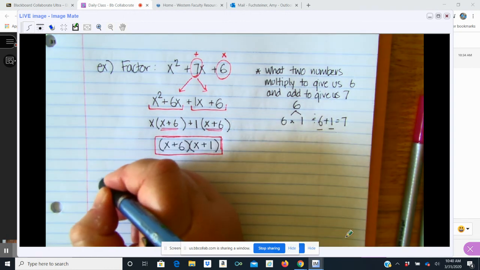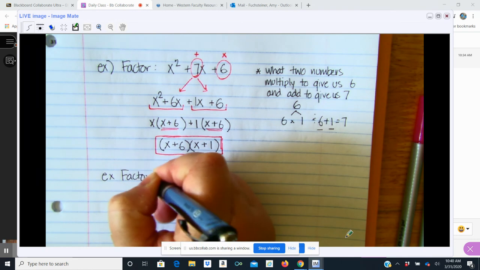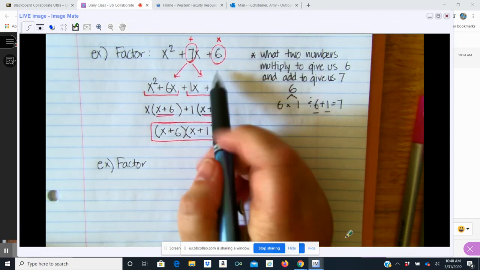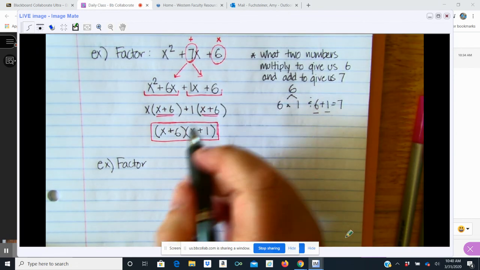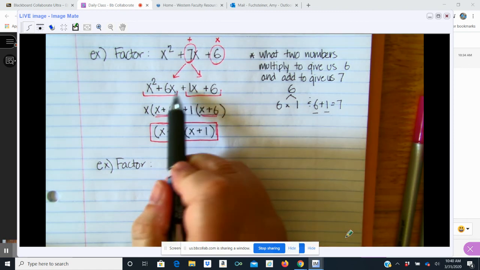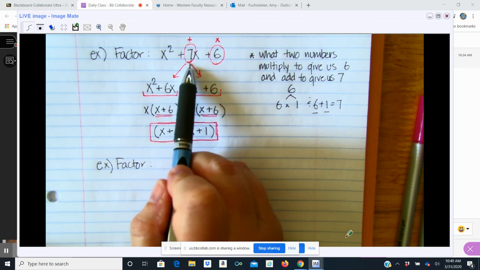Here, let's. Yep. This is the 6 plus 1 right here. And that's how we got the 7.